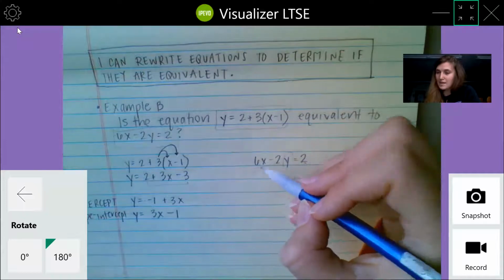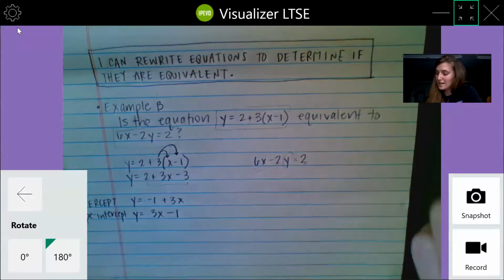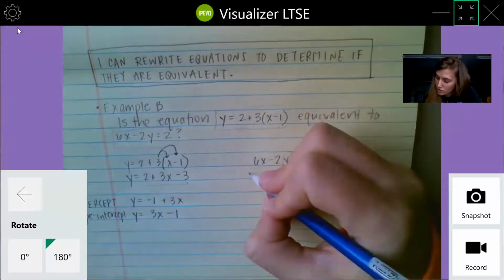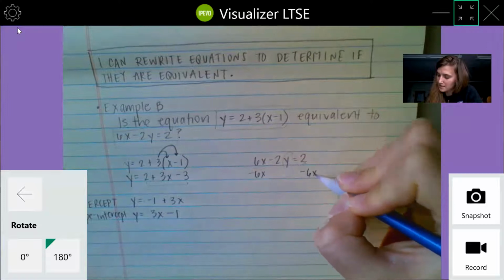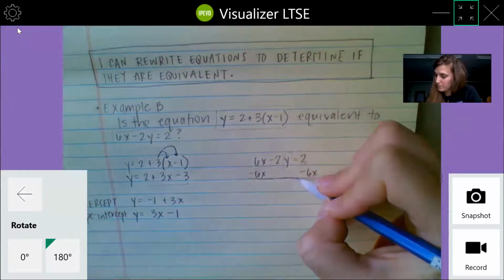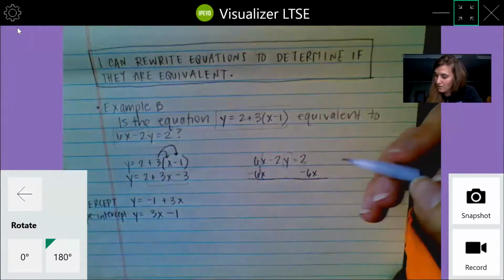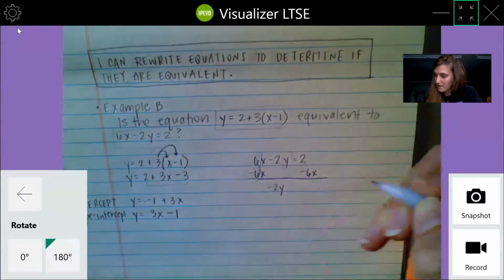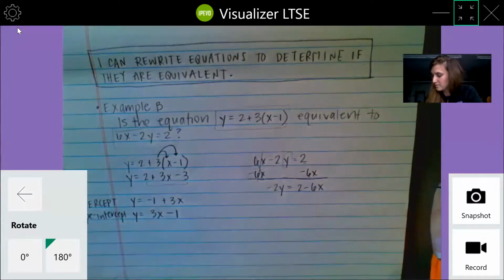Since this is positive, in order to undo it, I need to subtract it. So I subtract 6x over there, which means I subtract 6x over here. 6x minus 6x cancels out, and I'm left with just -2y equals 2 minus 6x.